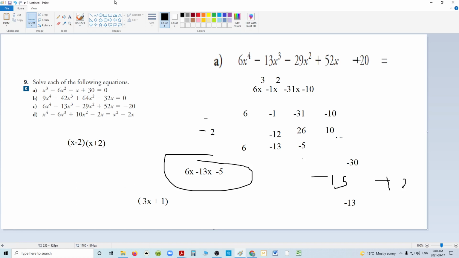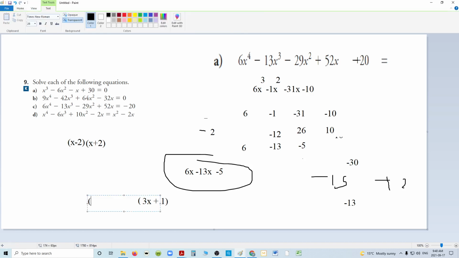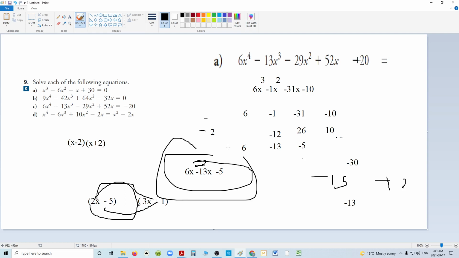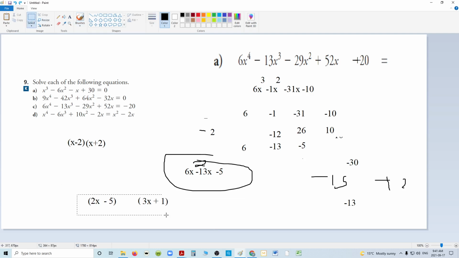So I'm talking about 2x minus 5. And just to make sure you got the right ones, keep in mind you're trying to get 6x squared here. I get 6x squared plus 2x minus 15x, which makes minus 13x minus 5. So indeed, I get it. So there you go. That's the last factors.